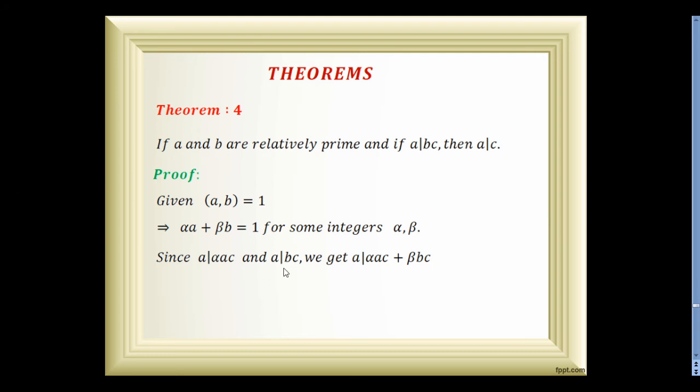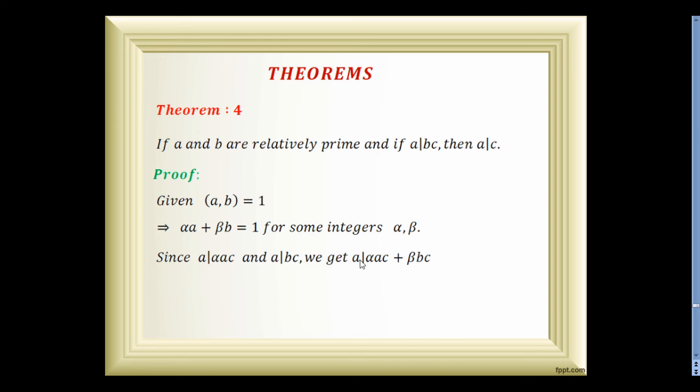And A divides BC. Since A divides alpha into AC and A divides BC, we get A divides the linear combination of both the terms, alpha into AC plus beta into BC. Here A divides alpha into AC and A divides beta into BC.